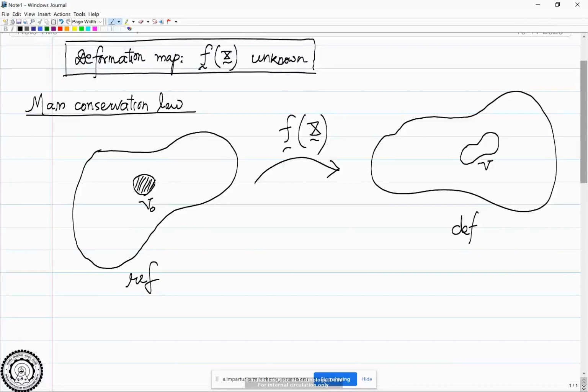You always have the same particles at every time because you are tracking the particles themselves. There is no chance of particles being lost or new particles coming in. So we can write that V is the image of V naught under f, which also means that we are always looking at the same set of particles.